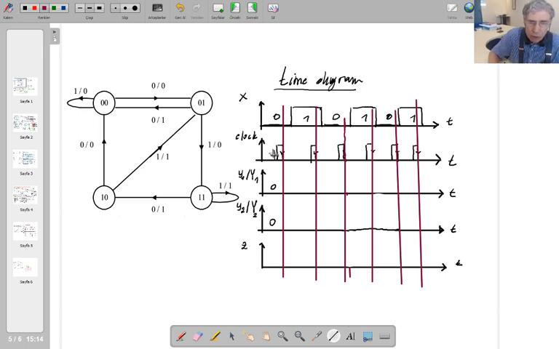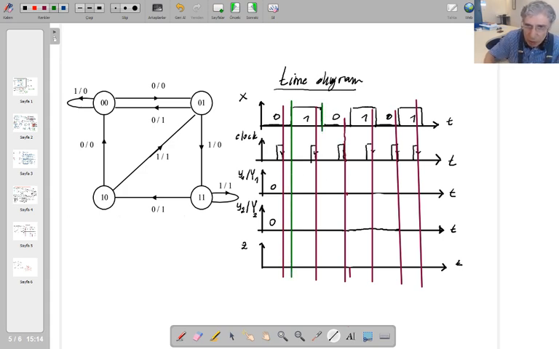Now, the state changes are going to happen at these red instants. For the input, when the input changes, there's going to be an output change, and that's going to happen when the input changes. So another change instant is this input change. I draw the input change in green color.